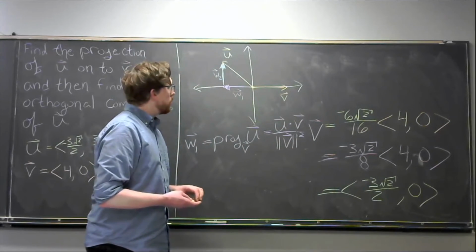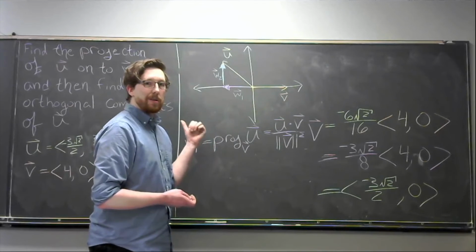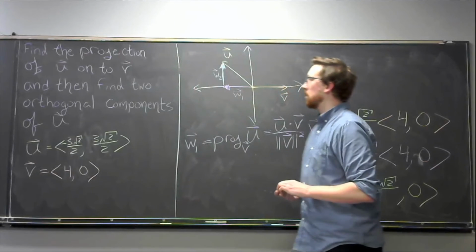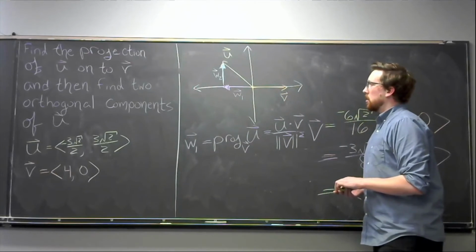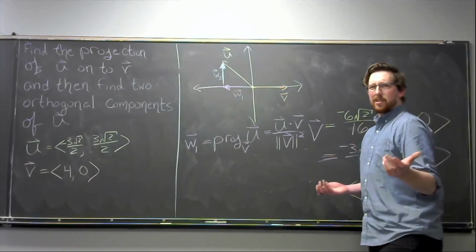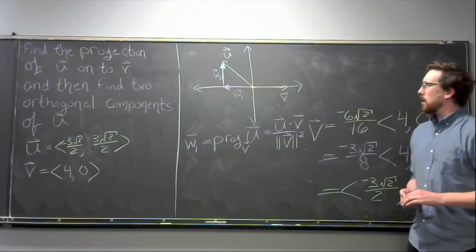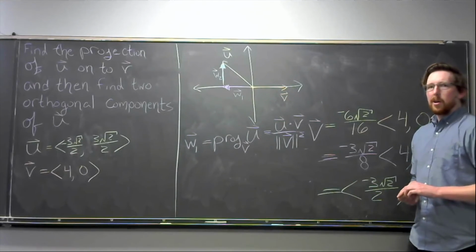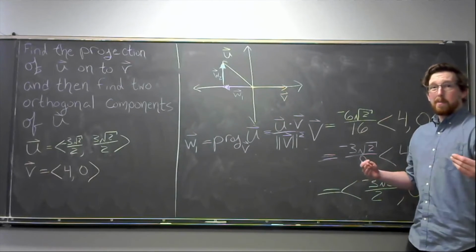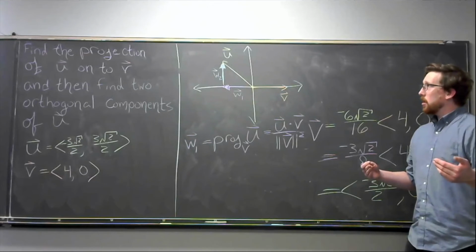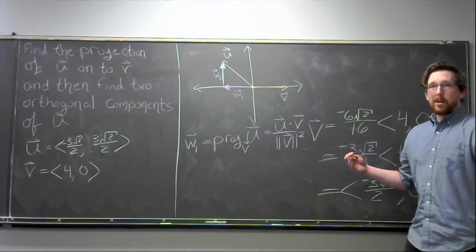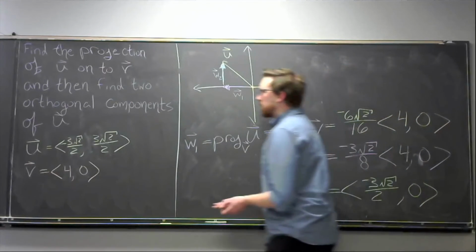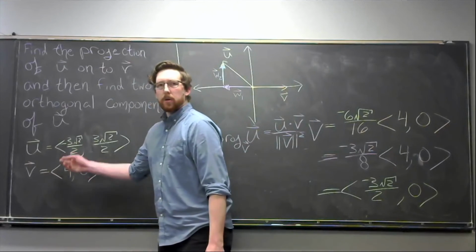Wait a minute. It's just the x component of our original vector. That's all W1 is? It's just the x component? Well, let's look at what we've got here. V lies along the x-axis. So any vector parallel to it is just going to be an x component, right? So W1 necessarily has to be just the x component of u.